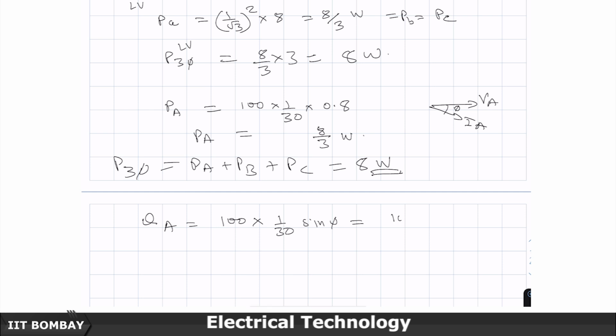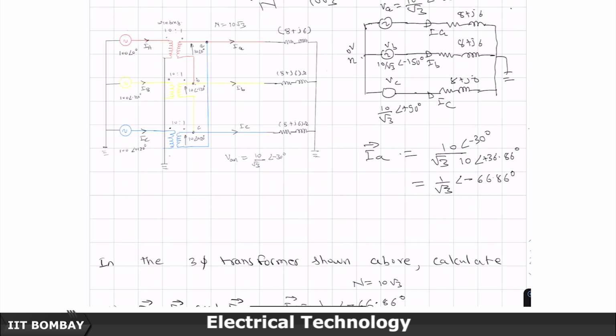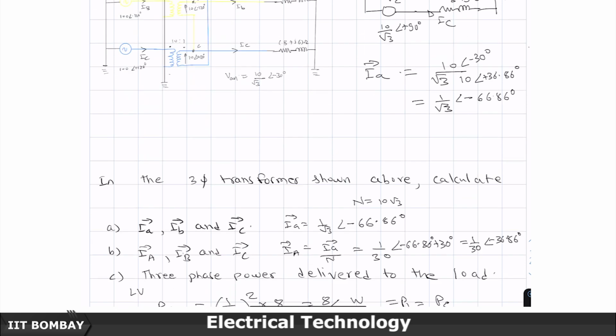So therefore it is going to be 100 by root 3 into 0.6, or basically 2 volt amperes reactive. And so Q3 phase HV side is going to be 6 volt amperes reactive. Now the same thing you should get if you do this calculation here also.